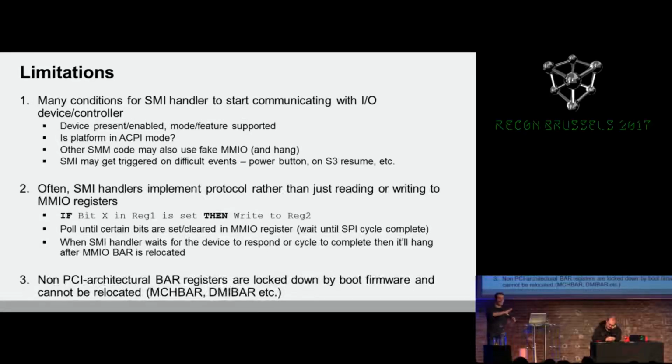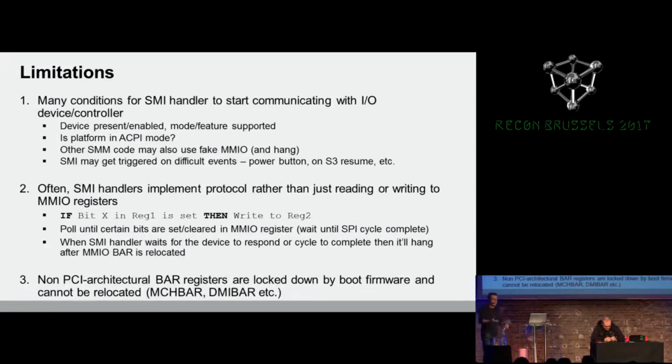If that register has a specific value, or it's greater or less than something, then write to somewhere else. That's easily controllable because you don't just relocate the bar into memory. You also create the contents in memory of all of the registers as if they were in the MMIO range. So you can control that.